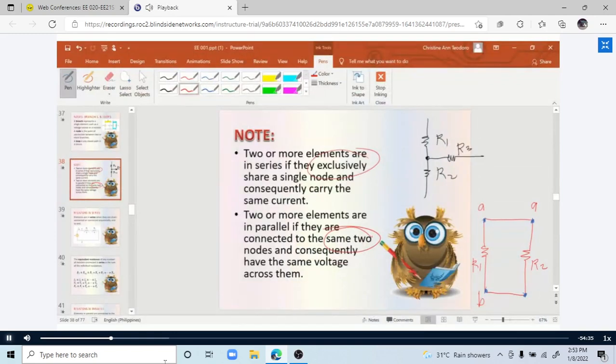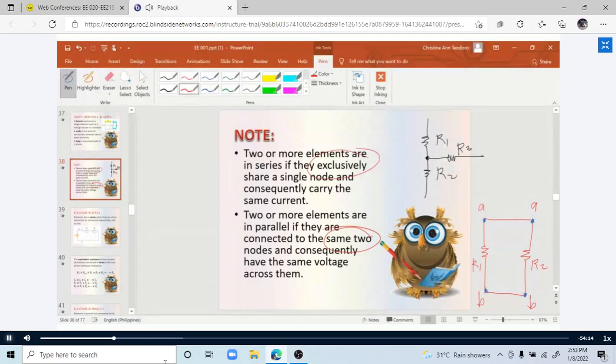The last node. What is the name of the last node? Still B. Very good. So it is still B. So as you can see, we have already named those nodes.